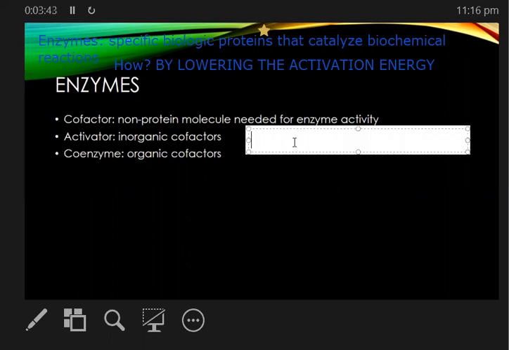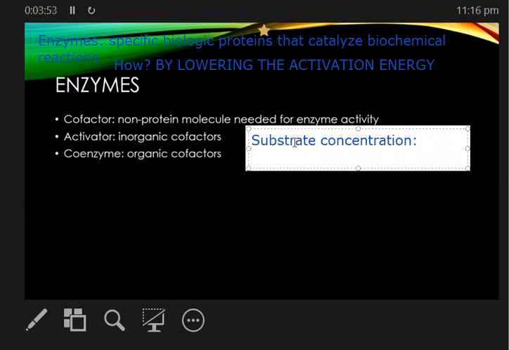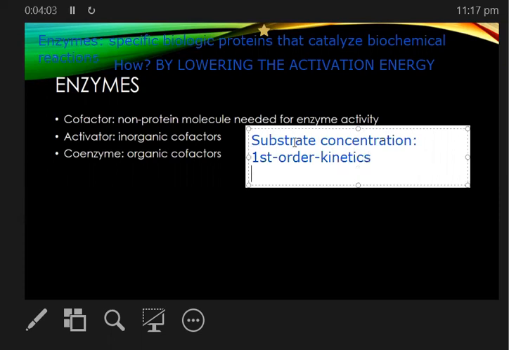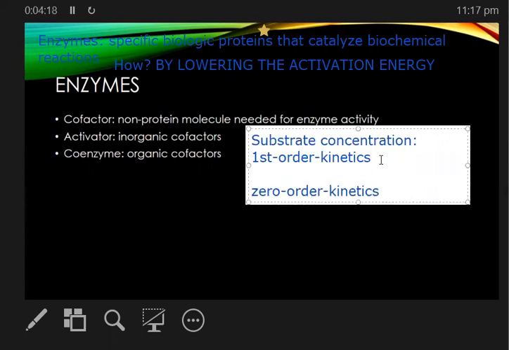The first one would be substrate concentration. In the case of your substrate concentration, the concepts of first order kinetics and zero order kinetics will be considered.